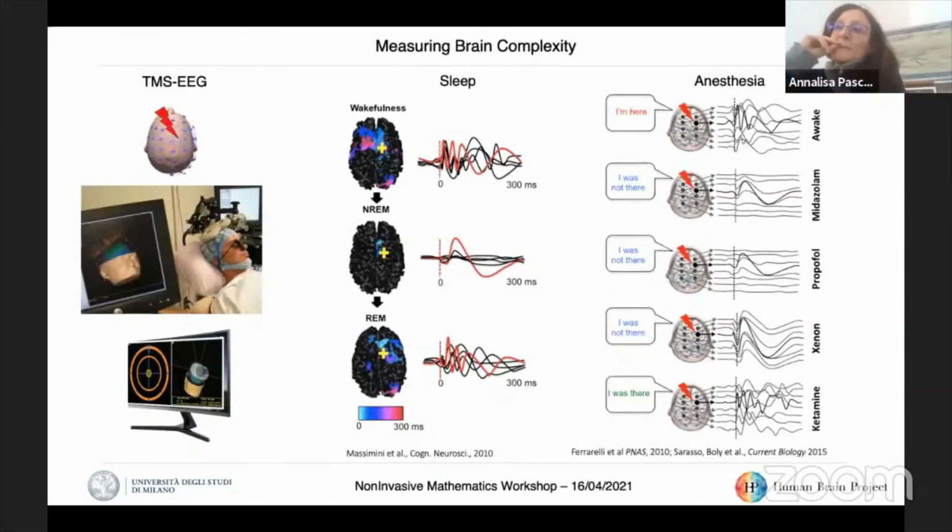Yes, there is a big problem with TMS-EEG stimulation: TMS might not only stimulate the brain, it may also stimulate muscles, for example the temporal muscles and all the muscles on the head. If you stimulate a muscle, you get a huge artifact on the response, and this can create complexity in the response. So it's very important to standardize the technique.